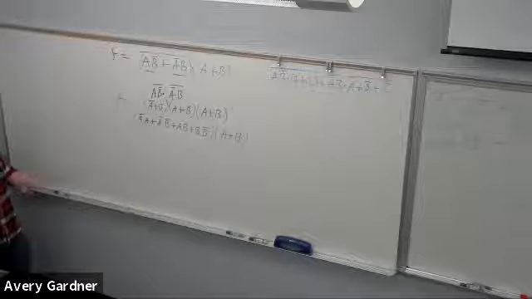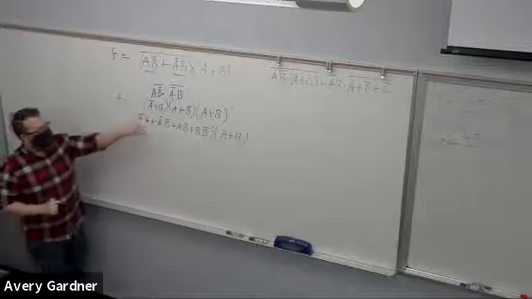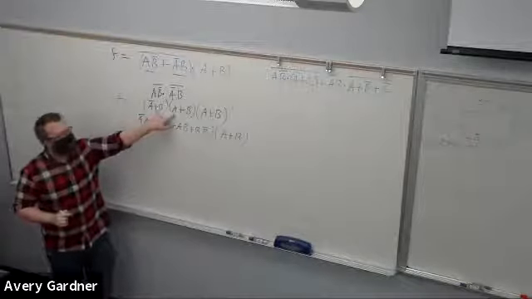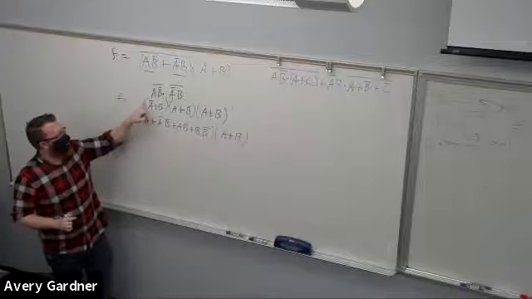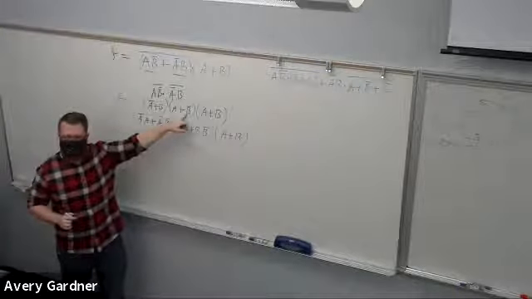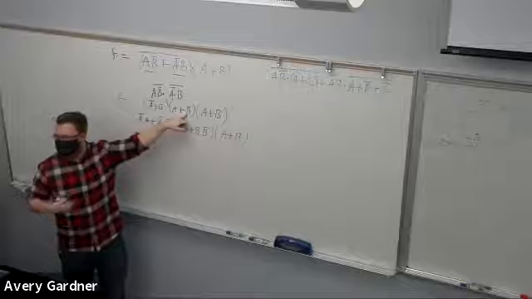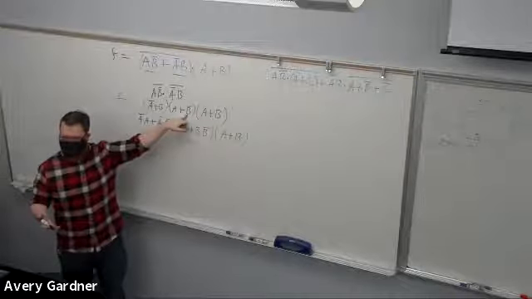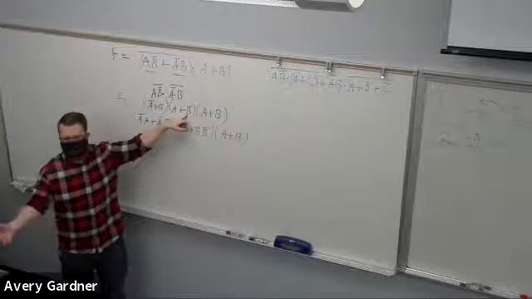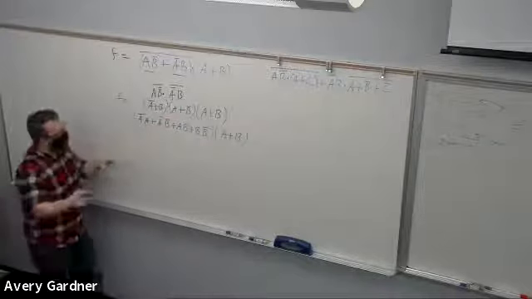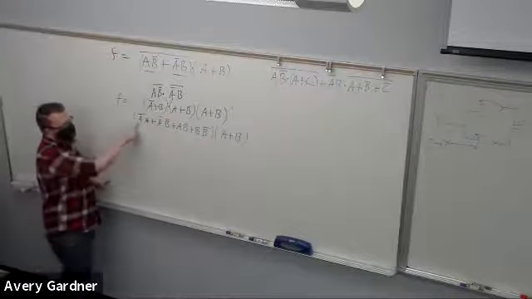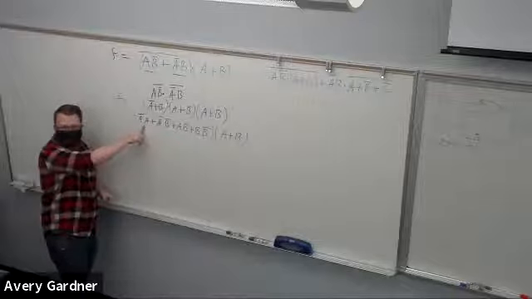Now, there's kind of a good reason that I chose these two, and it's because they both have barred terms and they're different. So if you see that, you can kind of suspect that maybe you'll get some cancellations, right? Because you have a bar and a not bar, and they'll cancel. Example, what is A bar and A? Zero.